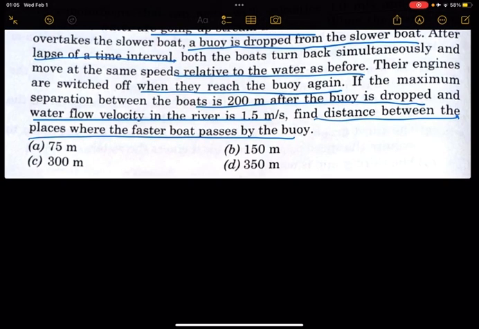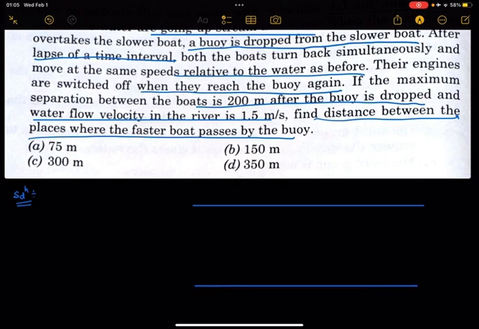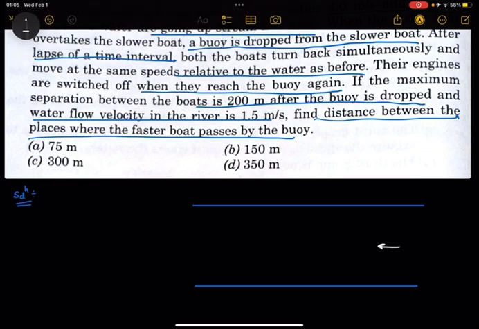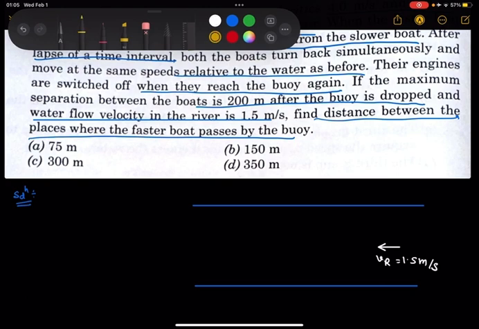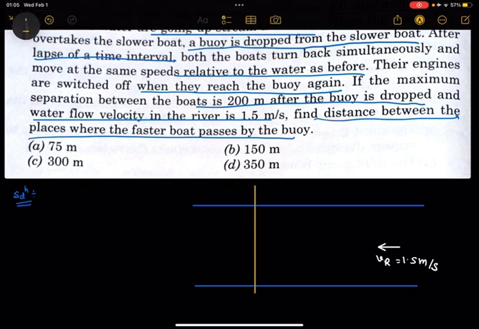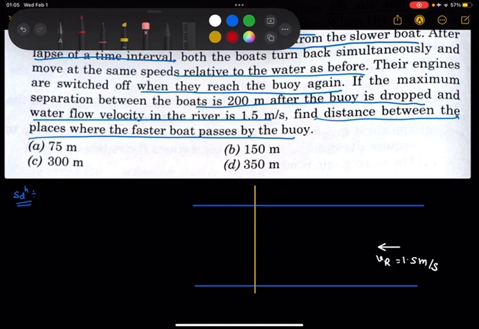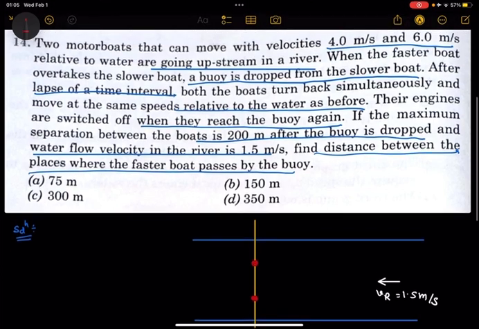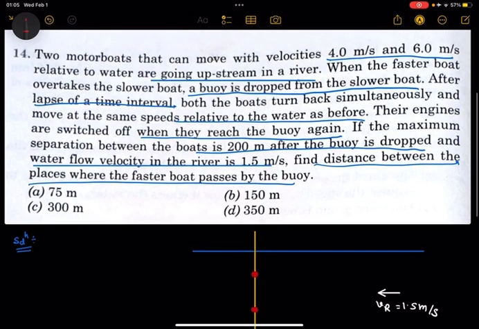What the question is saying is, let's assume this is a river and the river is moving here with a speed of vr equal to 1.5 meter per second, and in this there is a line where A and B, two boats, one is A and another one is B. The boats are moving with a speed of 4 meter per second.